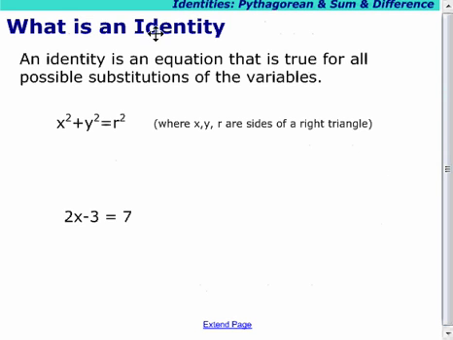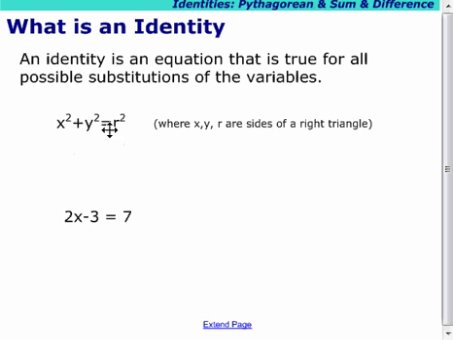To begin with, what is an identity? An identity, by definition, is an equation that is true for all possible substitutions of the variables. So if I'm dealing with a right triangle, I could say that always x squared plus y squared is going to be r squared all the time. That's an identity.